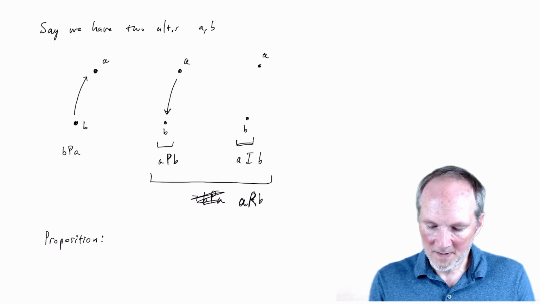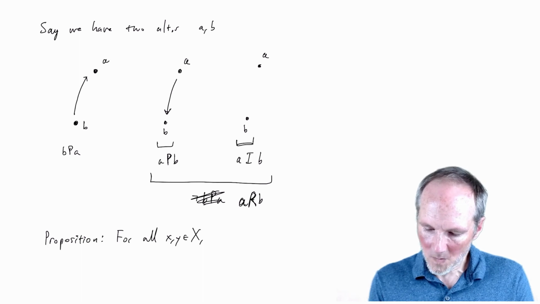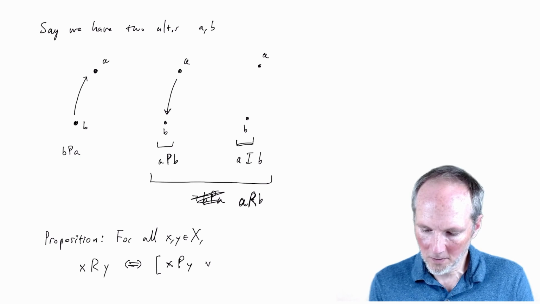The proposition is that for any two alternatives, X and Y, X is weakly preferred to Y if and only if either it's strictly preferred to Y or the two are equally good.